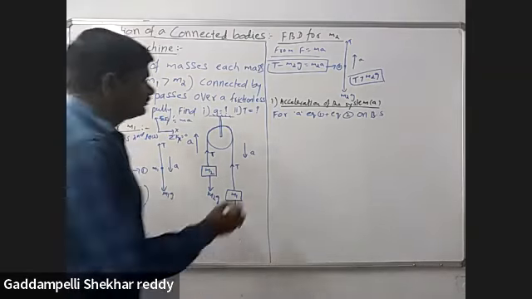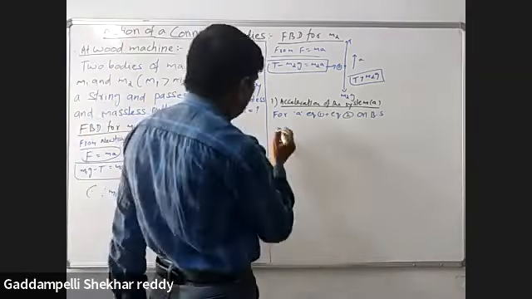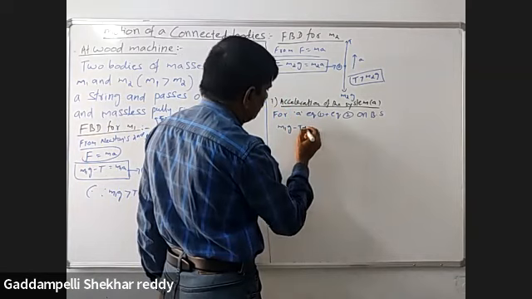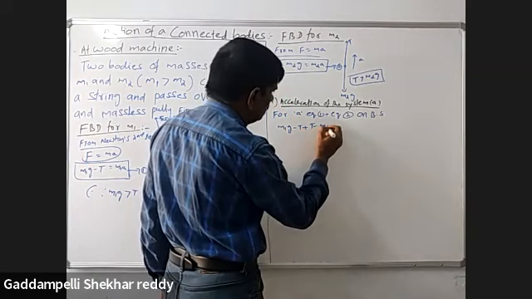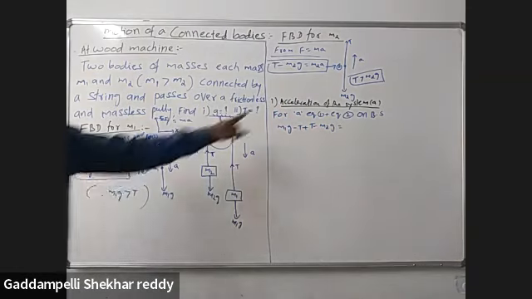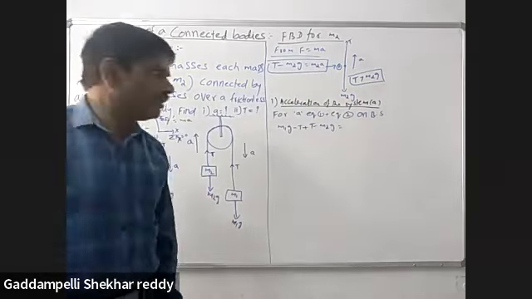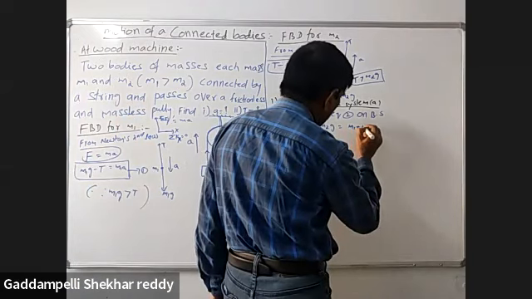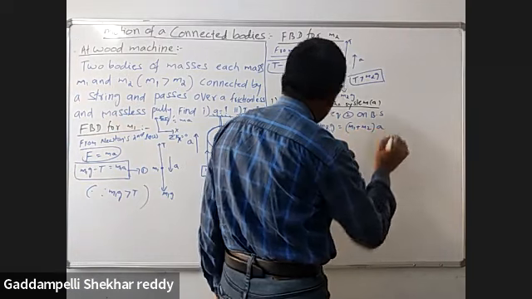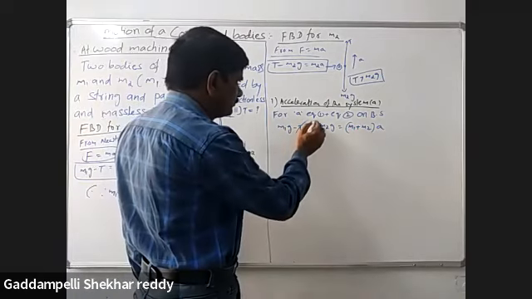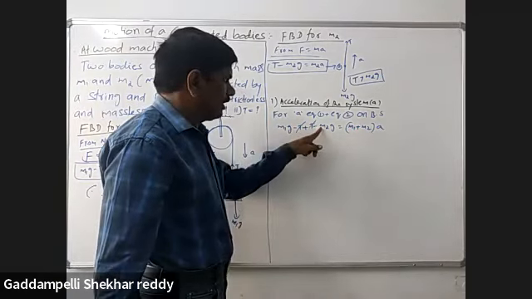On the left side, first equation m1g minus T, second equation T minus m2g. On the right side, first equation m1a, second equation m2a. Taking a common, we get (m1 plus m2) into a. Here minus T plus T get cancelled, so remaining m1g minus m2g.